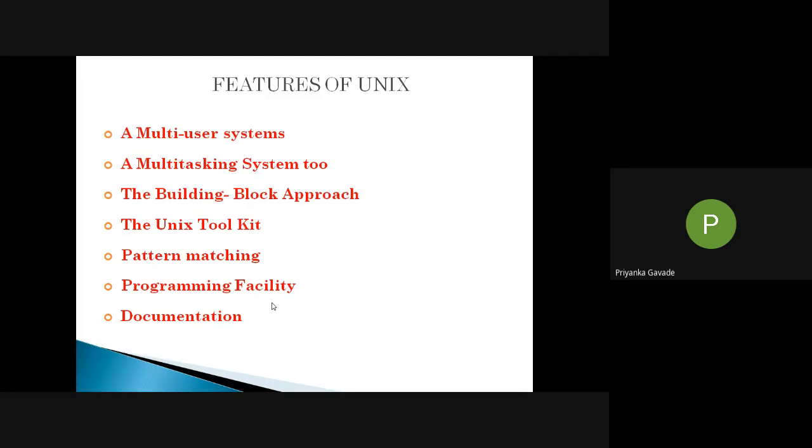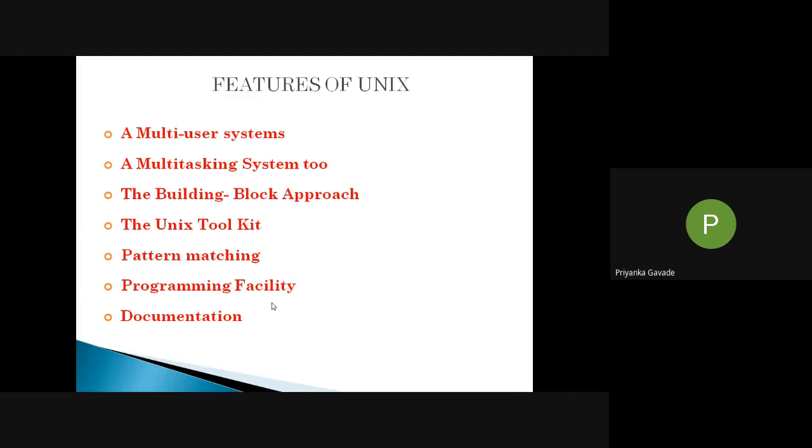The commands can be connected in a way wherein we call them filters, because they filter or manipulate the data in different ways. So we shall be making use of pipes and filters in Unix, which help us to combine multiple commands together to form one tool.